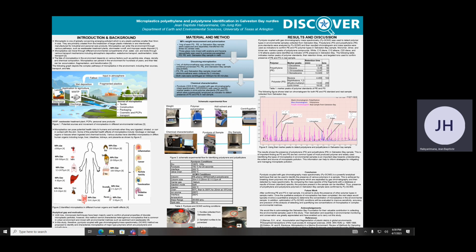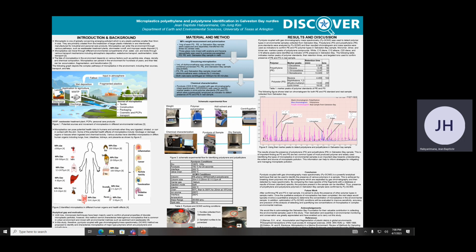And then the day after, we conduct chemical characterization. So we initially analyze pure polystyrene and polyethylene polymer types using pyrolysis GCMS in order to use the resulting chromatogram as marker peaks to be able to identify their presence in a Galveston-based sample.